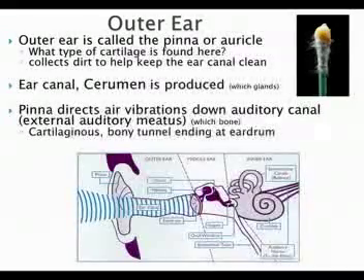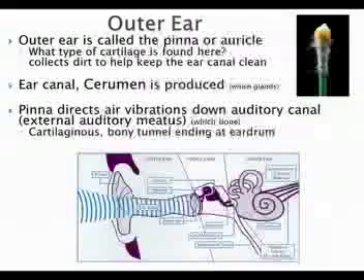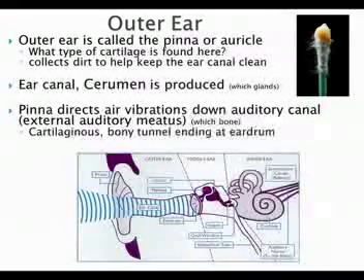The structures of the outer ear that you need to be aware of are called the pinna and the auricle. Right? So they're both basically the same thing, and they're talking about the exterior part of the ear, the part that's made up of elastic cartilage. And again, they're all involved with focusing the sound.